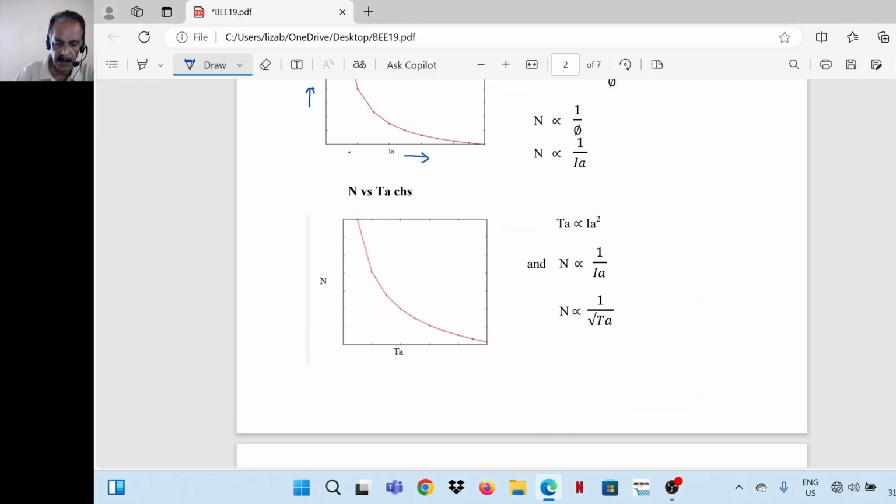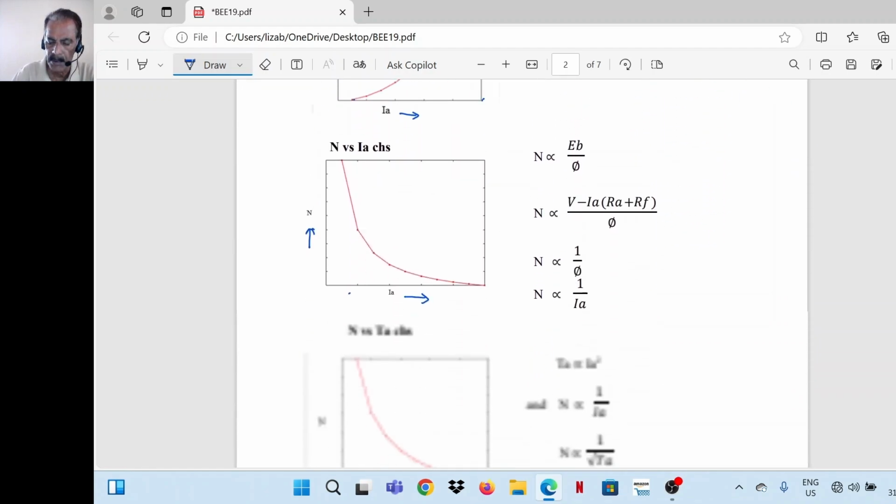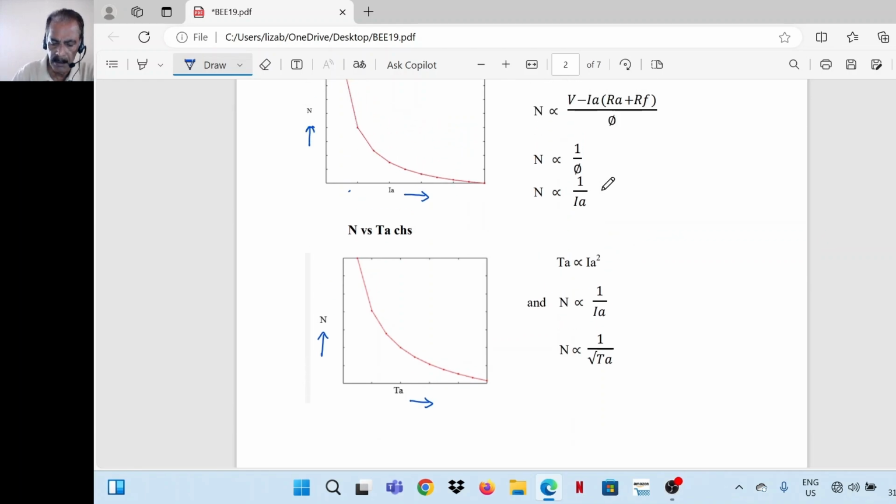Next, speed versus torque characteristics. Speed versus armature torque. So we know that torque is proportional to square of armature current. We derived here, torque is proportional to Ia square. But speed is proportional to 1 by Ia here.